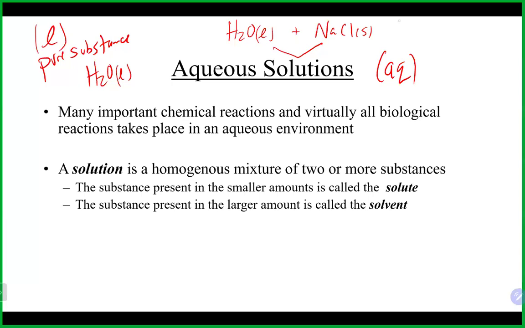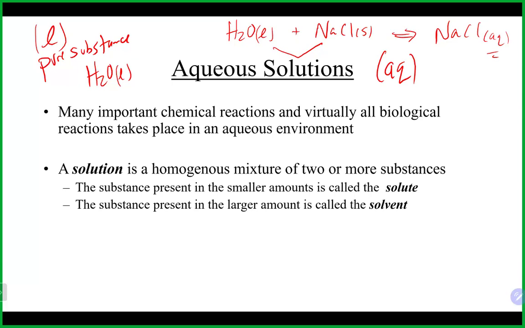Together that would get you a sodium chloride solution that would get the aqueous symbol next to it. So again, a liquid is usually just a pure substance by itself, really nothing mixed together. A solution is usually something that is mixed together.